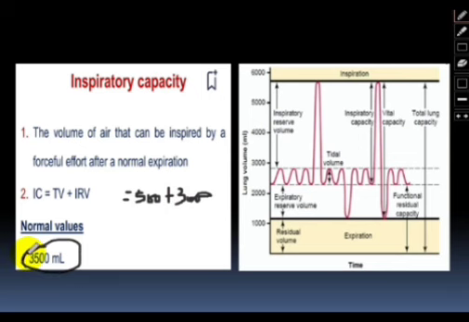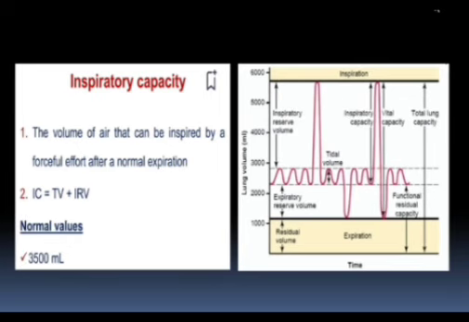Alright? So this is exactly what we are looking at. Inspiratory capacity. It starts from tidal volume down to that point over there. Okay.